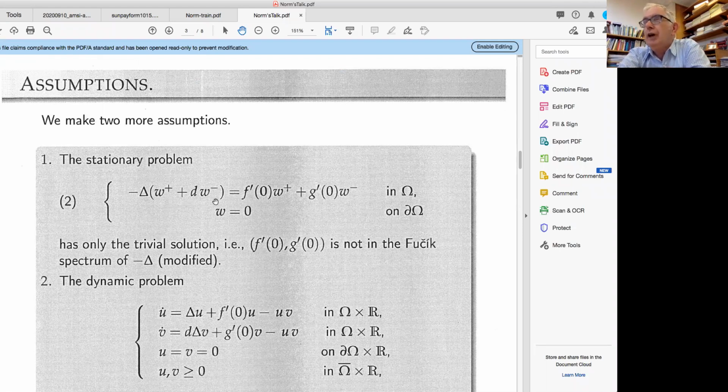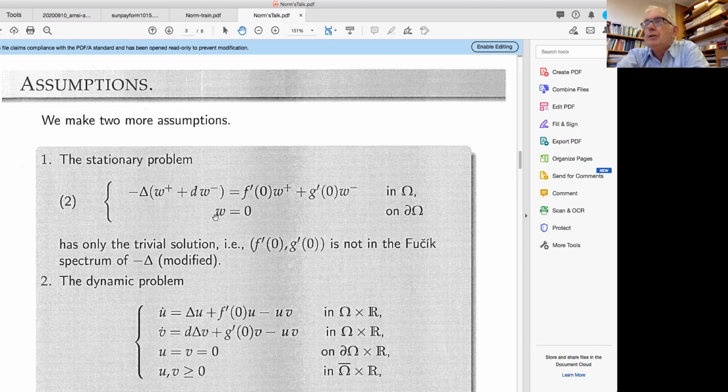The general case is the one we need here, where we have minus Laplacian of w plus d w minus equals f naught w plus g prime naught w minus, and the usual boundary condition. Note this is positive homogeneous, because if w is a solution, a non-negative multiple of w is again a solution.